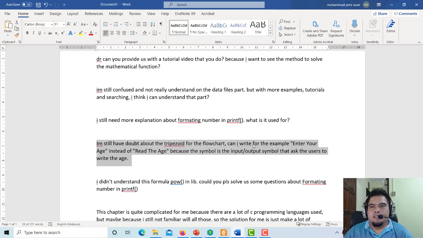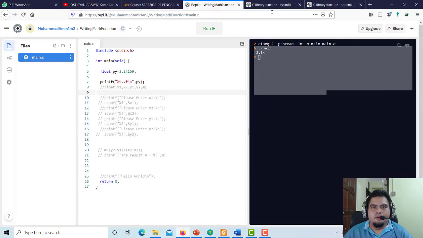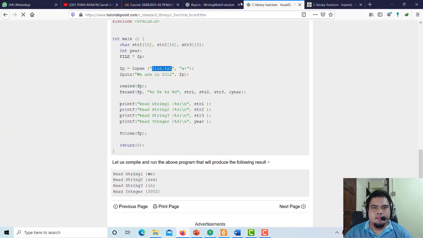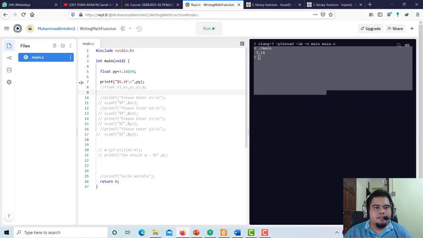Okay, this one is actually related to the example that I showed before, yep, this one. Okay, the previous one, the one that I discussed about how to create the function there by using scanf and printf.